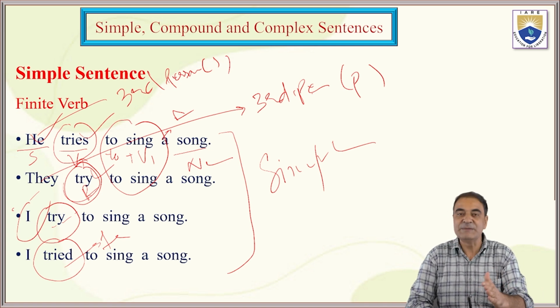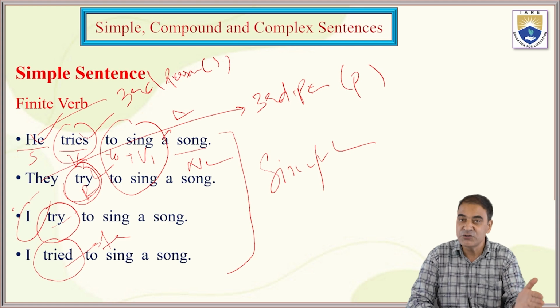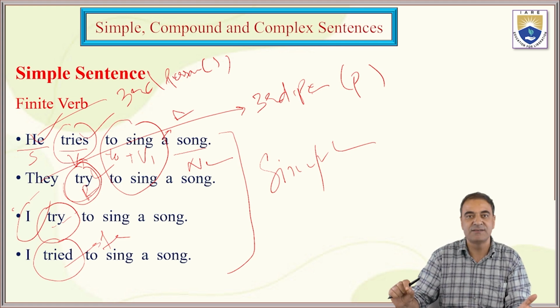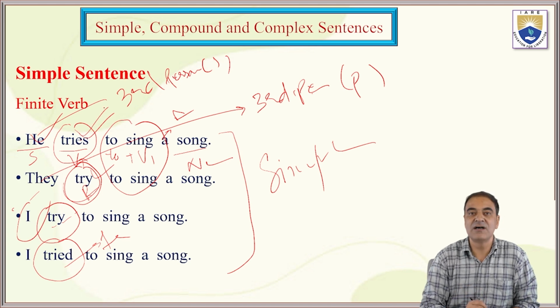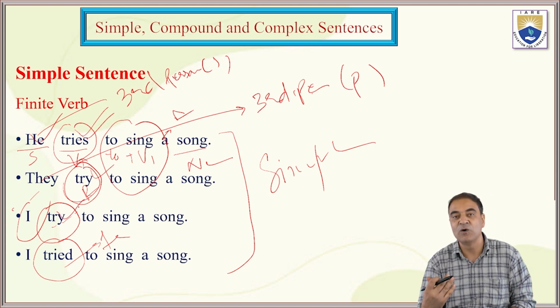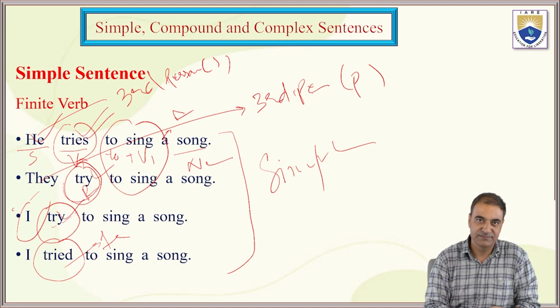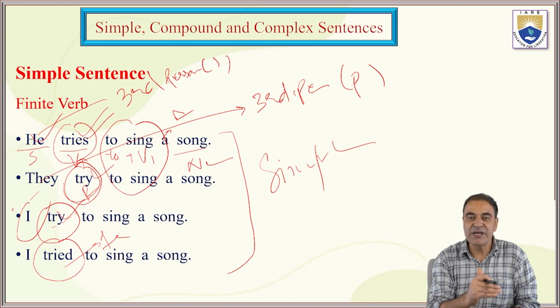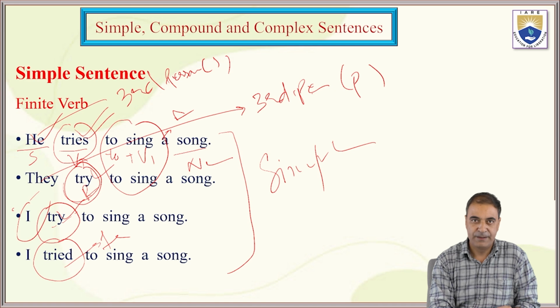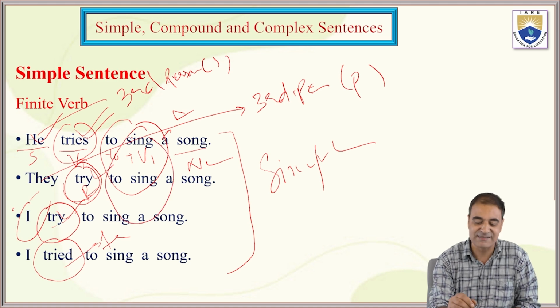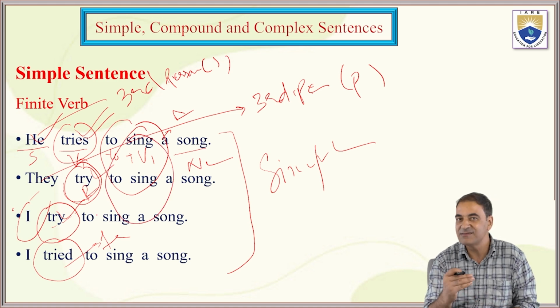Now, in the first sentence we have tries, and in the third sentence we have only try. When we change the person of the subject, one verb did not change, and that is sing. It remained the same in every sentence.